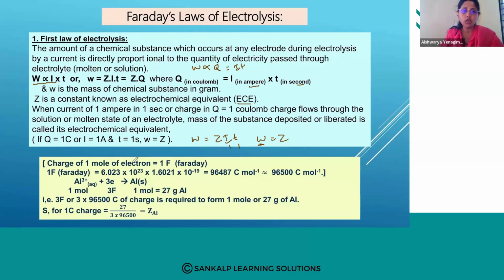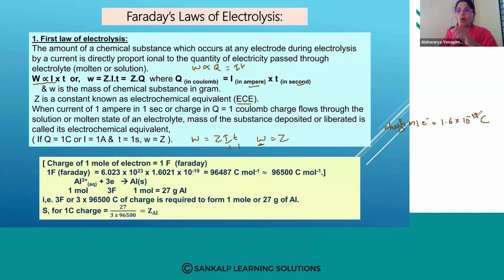Okay. What is the charge on 1 mole of electrons? It is 1 Faraday. We have already done it. How much is 1 Faraday? 1 Faraday is the charge on 1 mole of electrons. See, the charge on 1 electron is 1.6 into 10 raised to minus 19 coulombs.